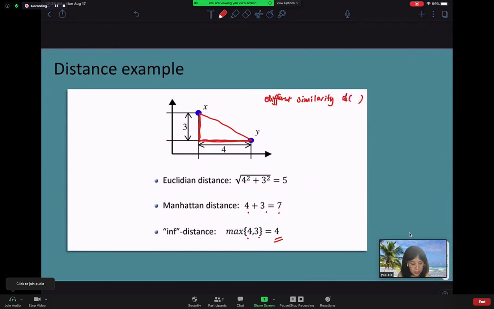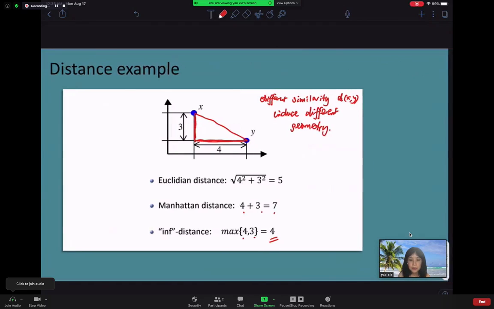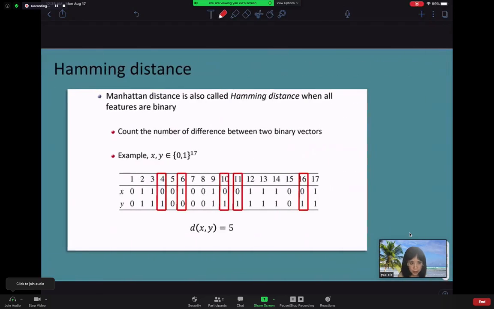So different d will induce different geometry. Keep this in mind because this concept may show up again when we talk about, for example, feature selection later on and the lasso algorithm. Okay, so that's the distance induced by this Minkowski definition.